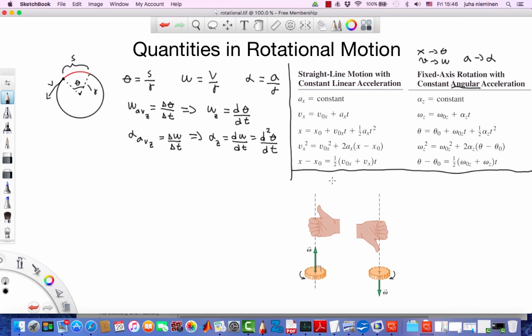Here is the right-hand rule that will pop up in physics in various locations. The way this works is that first we have to determine the direction of the rotation, or the velocity or acceleration, whatever we are evaluating. And then we curl our right-hand fingers along the direction. Our thumb then will point to the direction of the rotation axis, and that is the direction of the angular velocity vector, for example.